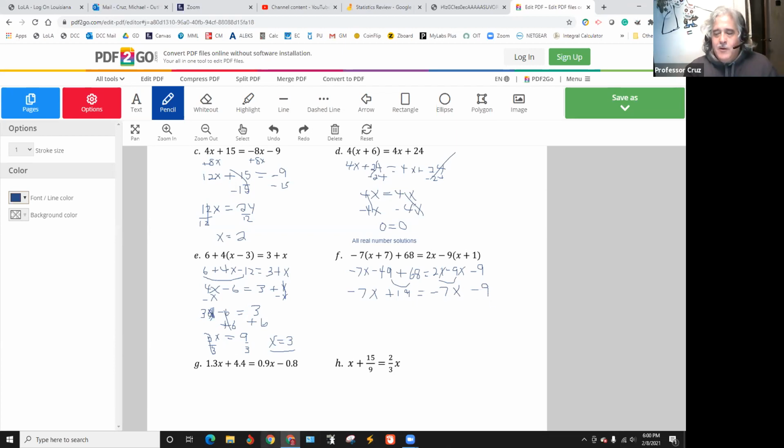I must not have worked it. I had an earlier one like it. I must have skipped this one, because this is the counterpart to that one. I don't remember talking about it today. Because what's going to happen? You try to add the x's together.